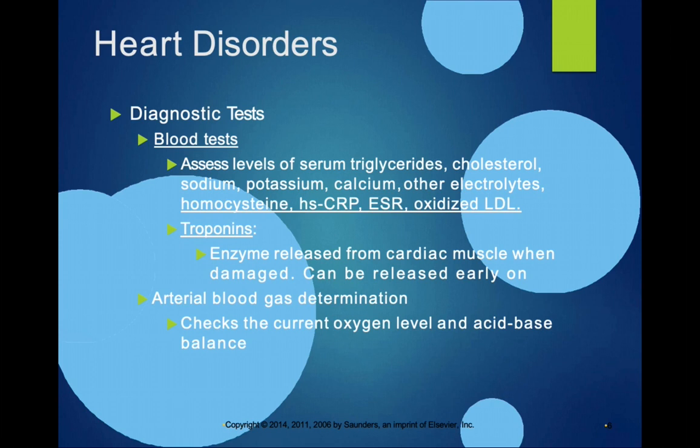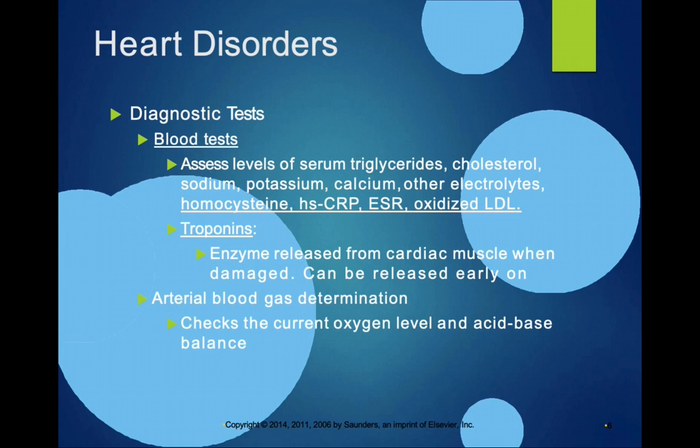You've heard of CRP, C-reactive protein, and there's something called high sensitivity, HS, high sensitivity CRP. This is specific for cardiovascular issues. CRP is generalized for inflammation. High sensitivity CRP is pretty specific and predictive of a cardiovascular event that may happen. So I like to run that on many of my patients.